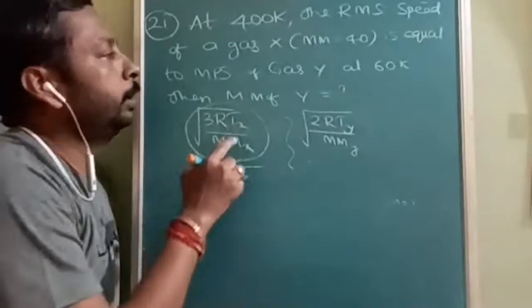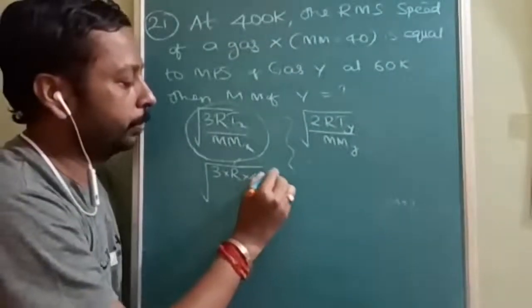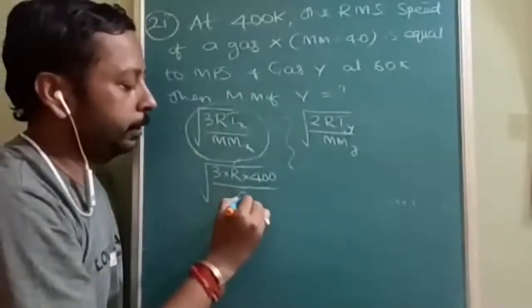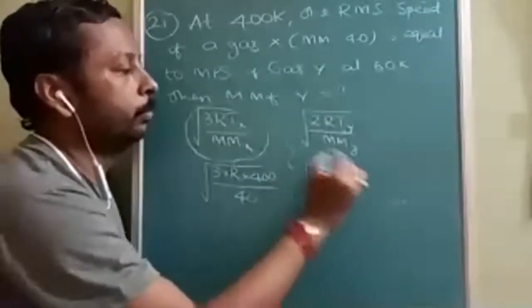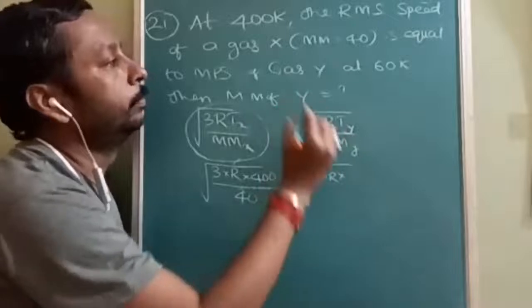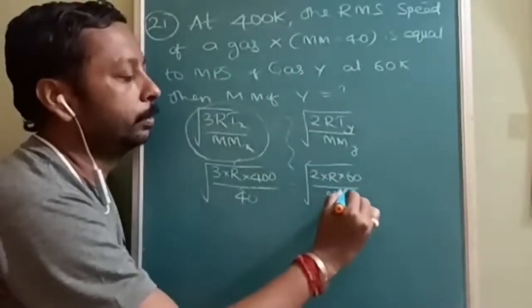The temperature of X is 400, divided by the molecular mass of X, which is 40, is equal to square root of 2 into R into the temperature of Y, which is 60 Kelvin, divided by the molecular mass of Y, which you don't know.